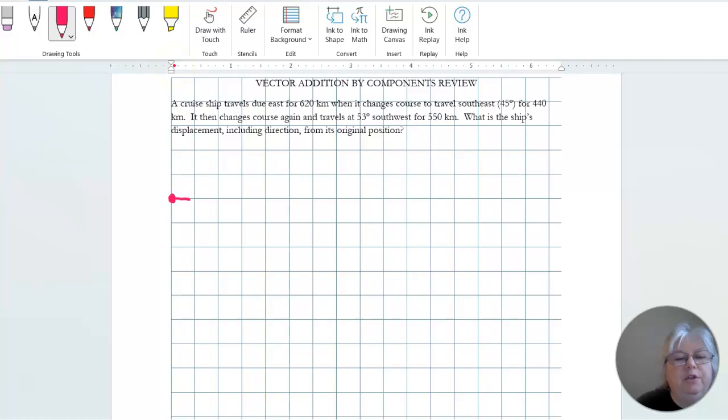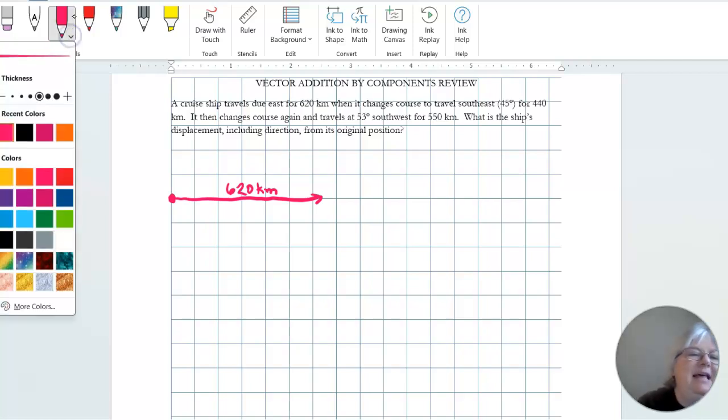My first part of the ship's motion is for 620 kilometers, which I've represented here, and it is just due east. So I made a straight line.